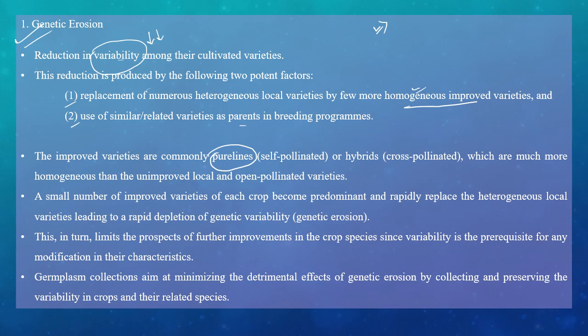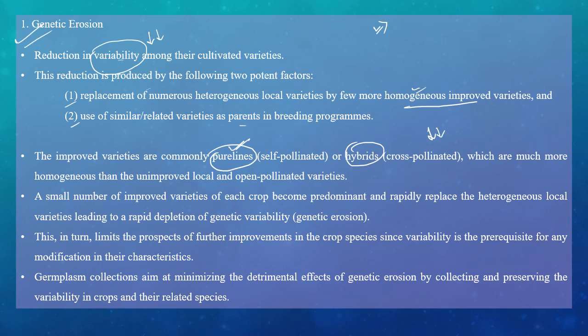We know that pure lines are the progeny of a single plant of a self-pollinated species, whereas in hybrids, this is also a single genotype. So we are not selecting the variable population; we are going for the improved and homogeneous population.